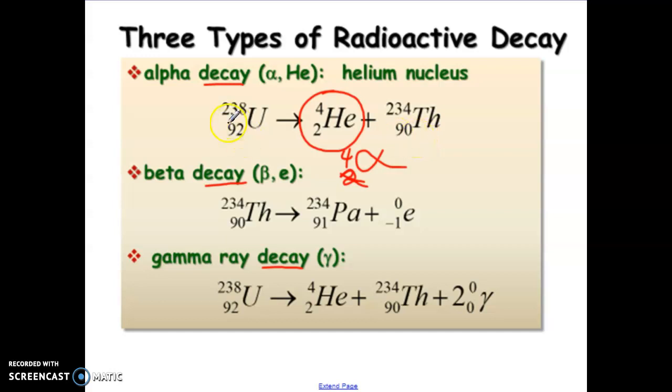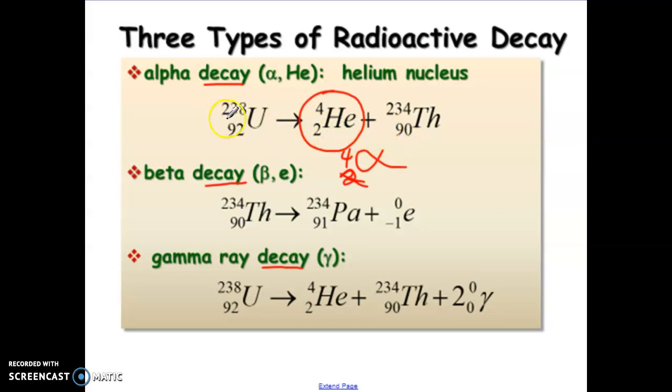So notice, look at the number of protons. We originally had 92 protons. 2 of those protons left, and we're ending up with 90 protons. It's no longer uranium because we've changed the number of protons from 92 to 90.